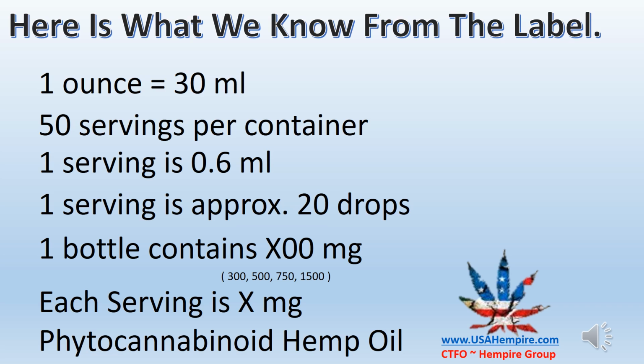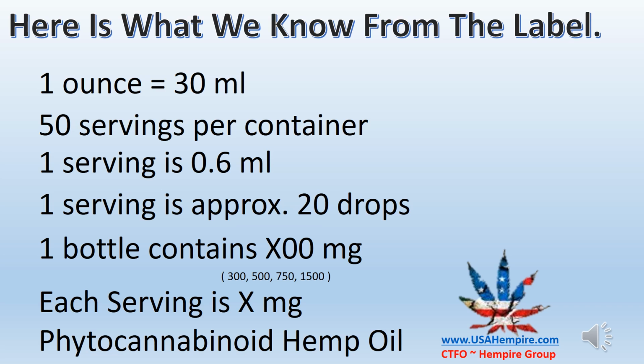Here's what we know from the labels on our CTFO hemp oil bottles. We know that the bottle is 1 ounce, which is equal to a 30 milliliter bottle. We know that there are 50 servings per bottle, per container.